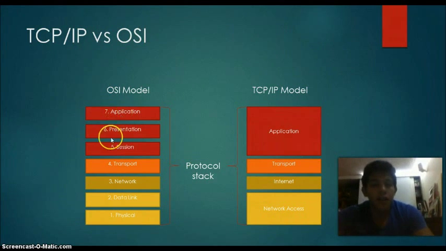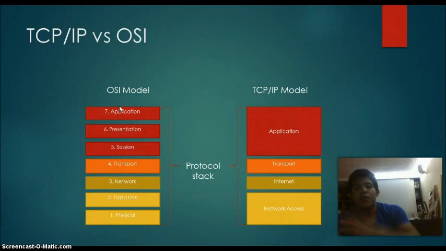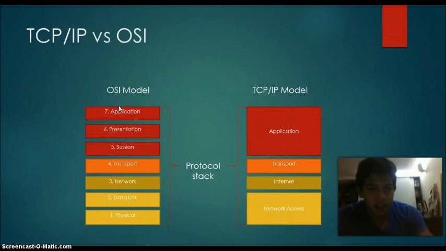The first layer is the application, which provides the end-to-end connectivity for humans to communicate in the network. It's the information, as you can see.